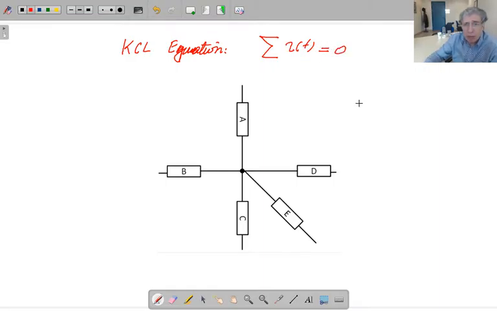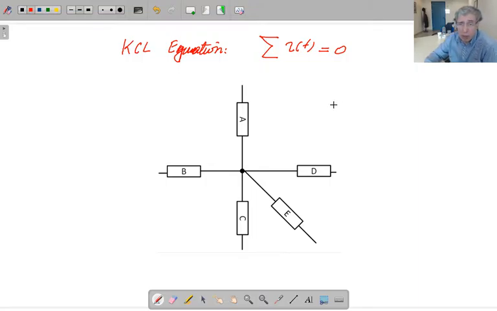But this is an algebraic summation, not a simple summation. So there is a node here, there are 5 elements connected to that node. The summation of these element currents is equal to 0, and it says algebraic sum.